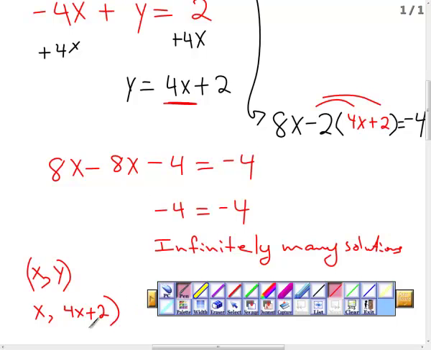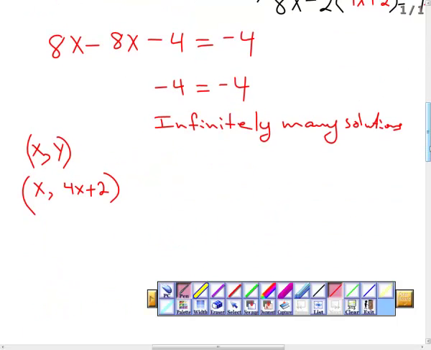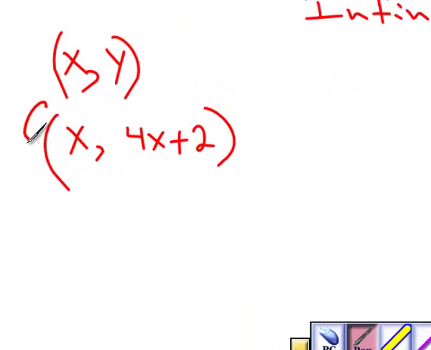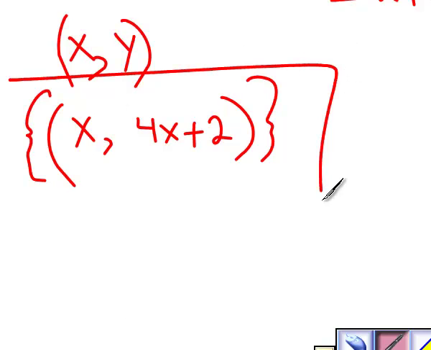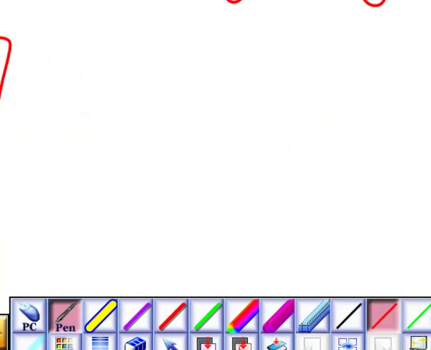We put the equation in there for y in terms of x. And from that, we have a dependent system. Okay? This would be known as a dependent system.